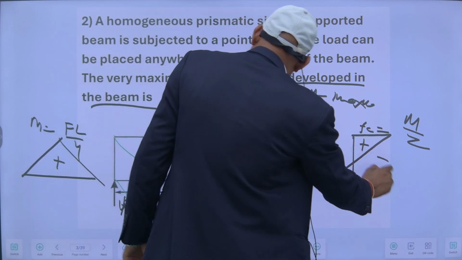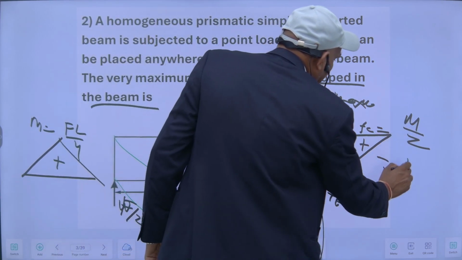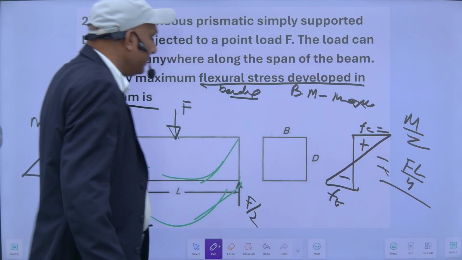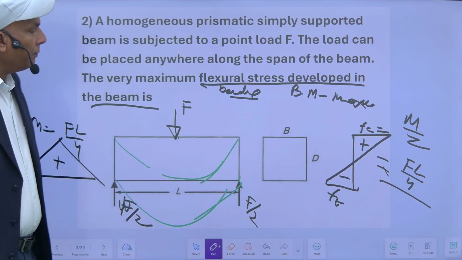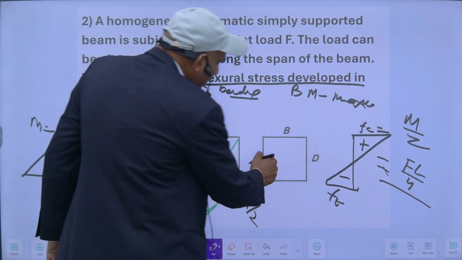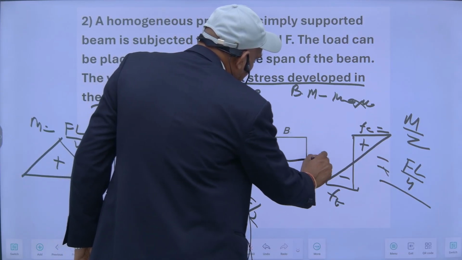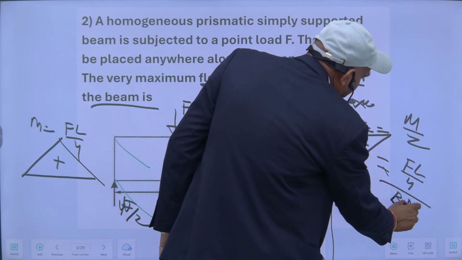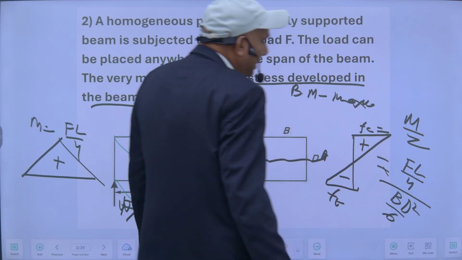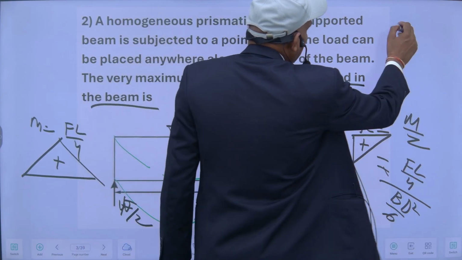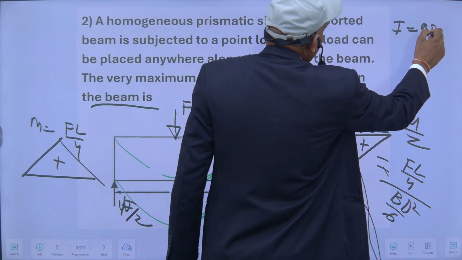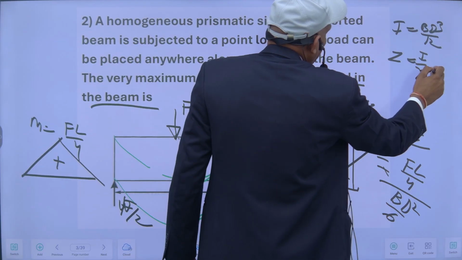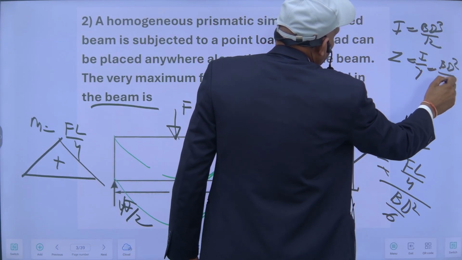If I put the value of M here, it will be FL upon 4 divided by Z. Z is section modulus. So section modulus along this axis is equal to BD square upon 6. So I is equal to BD cube upon 12, and section modulus is I upon Y, which is BD square upon 6.